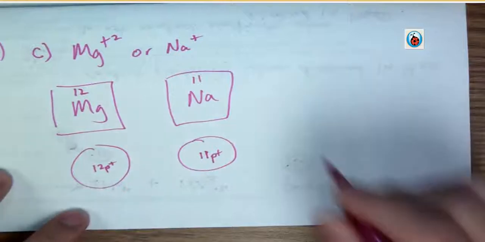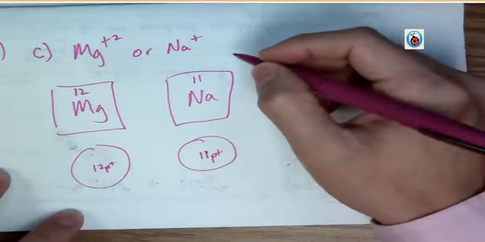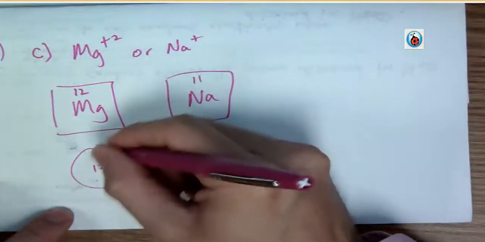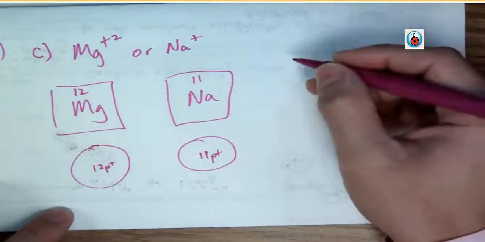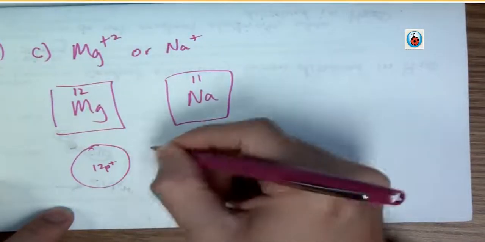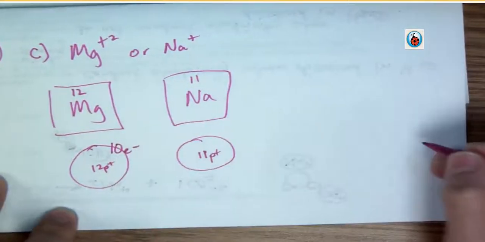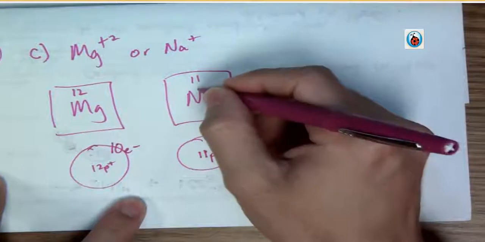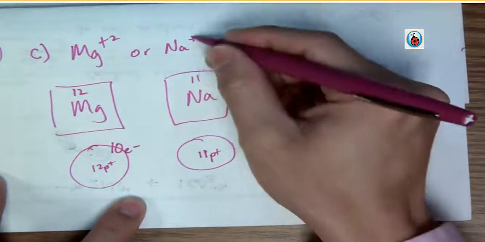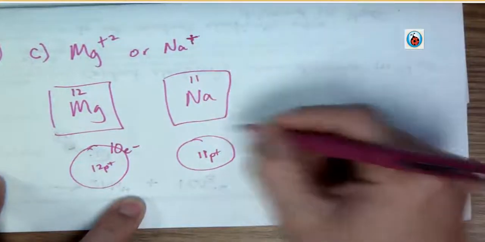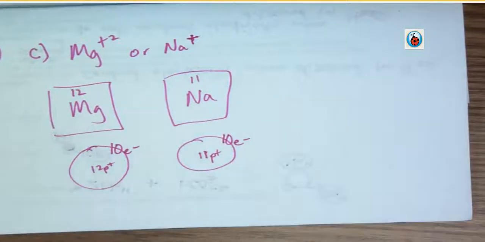Alright, so Mg is on row 3. So it's going to lose 2 electrons to become that, so it's going to have 10 electrons on the outside. And sodium will also lose 1 electron to become positive 1. So it's going to have 10 electrons on the outside also.